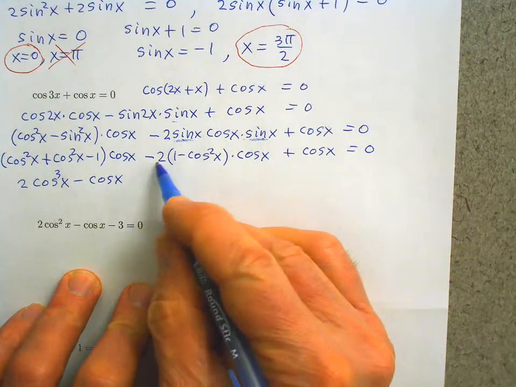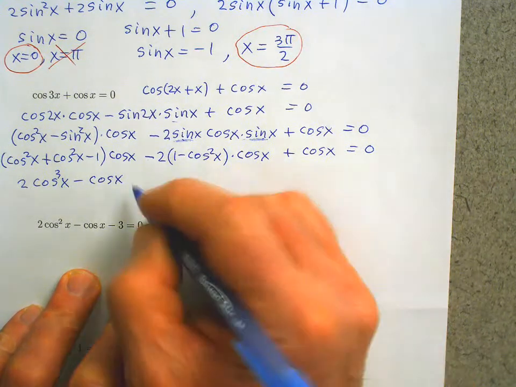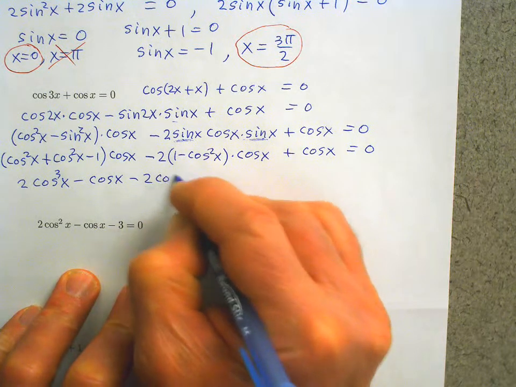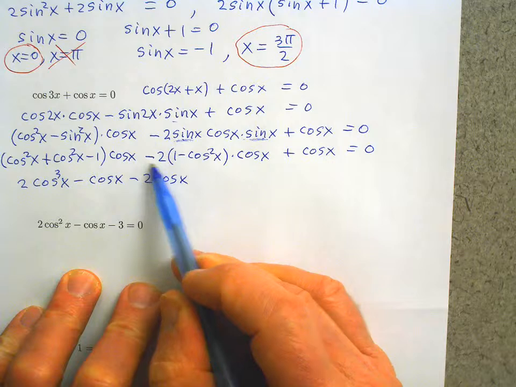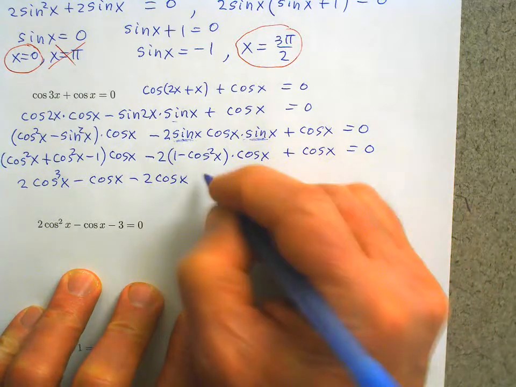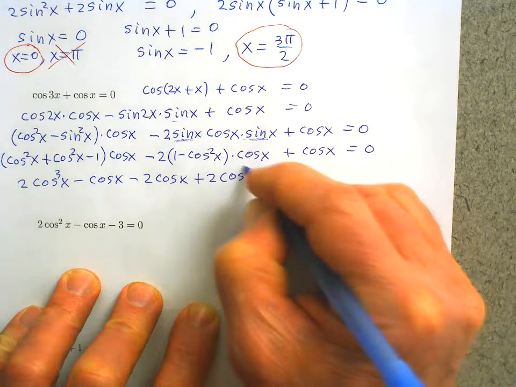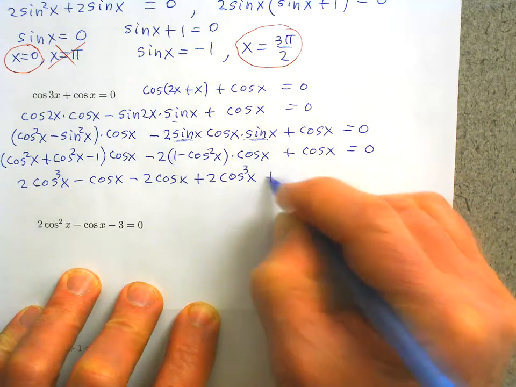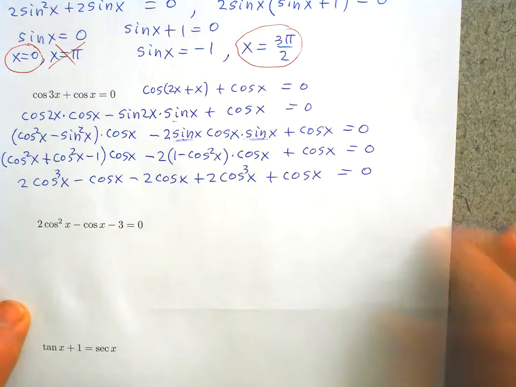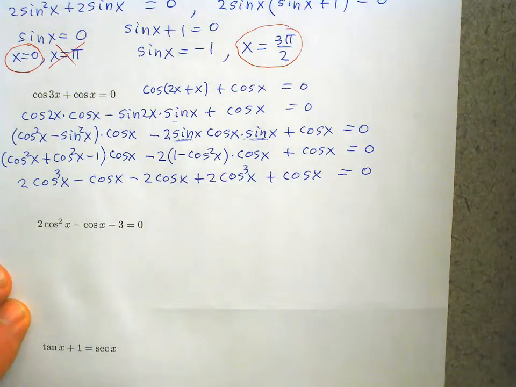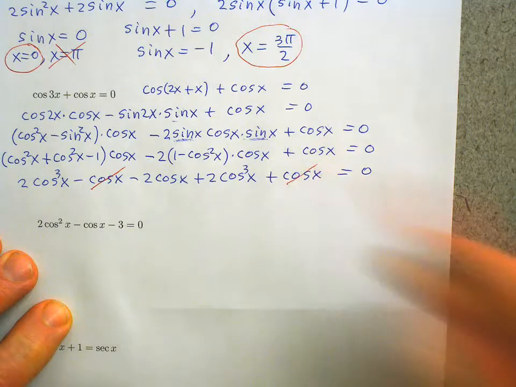And over here, I'm going to get a minus 2 times cosine of x and plus 2 cosine of x to the third. And then plus cosine of x equals 0. Okay, so we do get a cancellation, the minus cosine of x and the plus cosine of x.